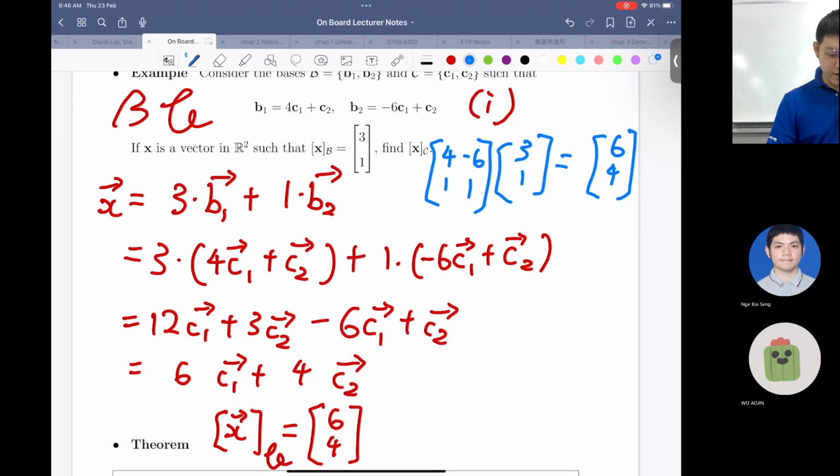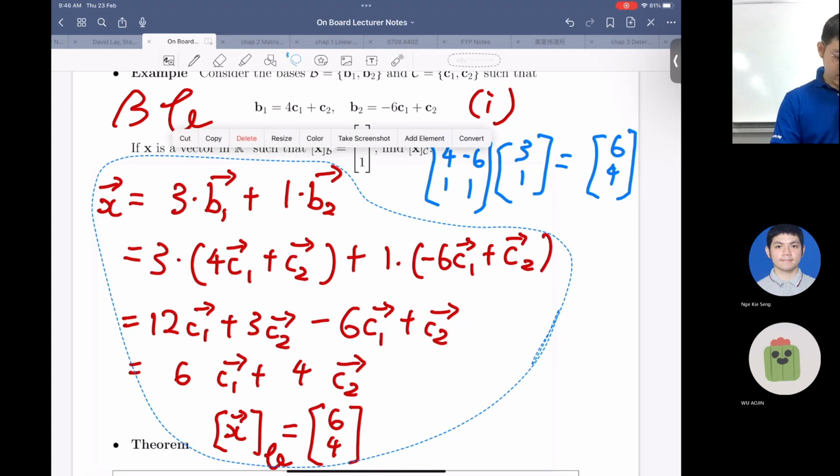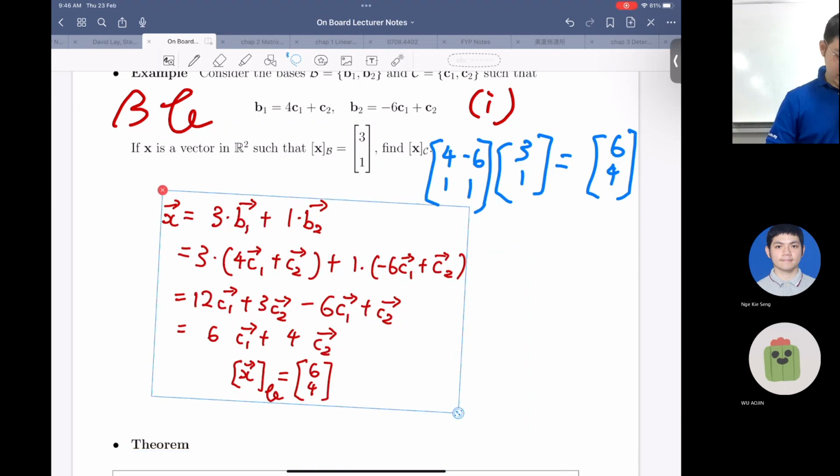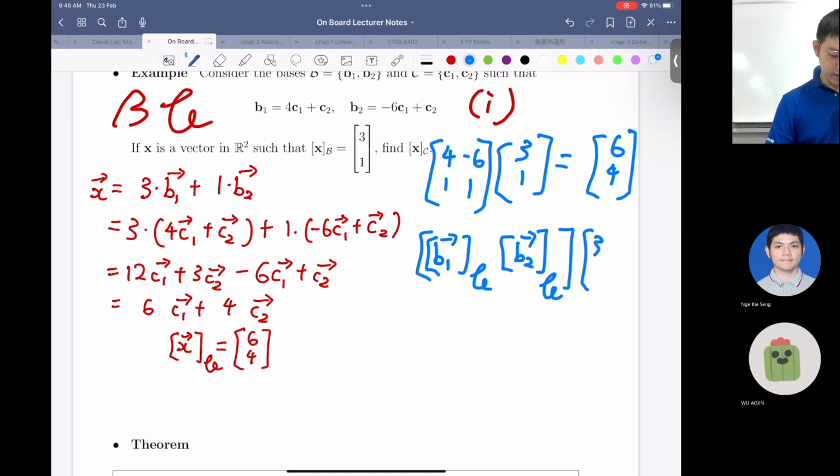This matrix is really B1 in terms of C and then B2 in terms of C. Okay, and then you will get what you want.